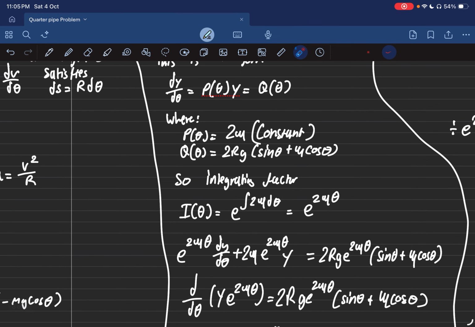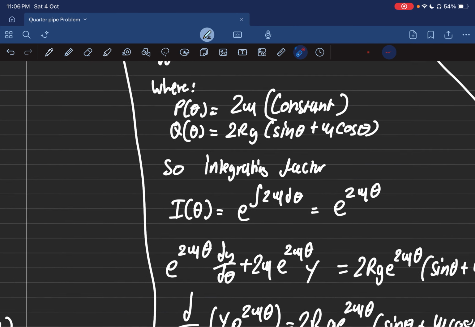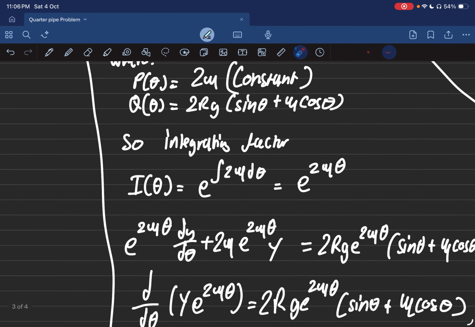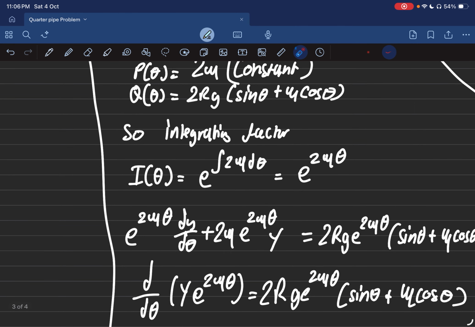So our integrating factor is essentially, I don't have to explain integrating factor because it's going to be a much longer video. But essentially, it's just going to be e to the power of the integral of 2 mu with respect to d theta, because theta is the variable here, which just differentiates to that because there's no thetas.